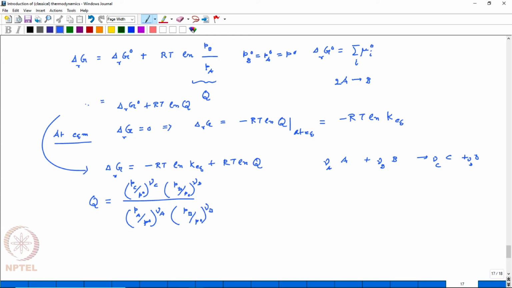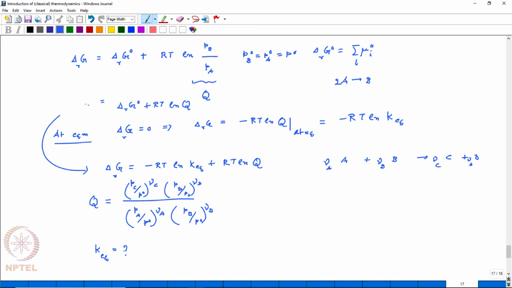And then we ask what will be the effect of external conditions like say pressure, temperature, or say inert gas on the equilibrium constant.